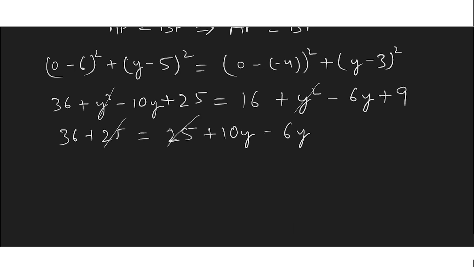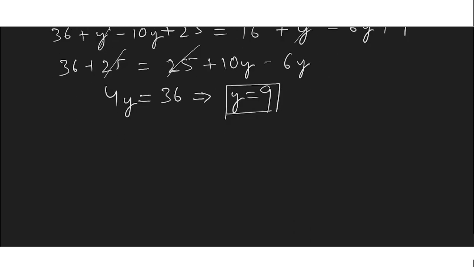So we have 10 minus 6, 4y. 4y equal to 36, or y equal to 9. So the coordinate on y-axis, which is equidistant from the points A and B, P 0, y is equal to P 0 comma 9. This is our required answer.